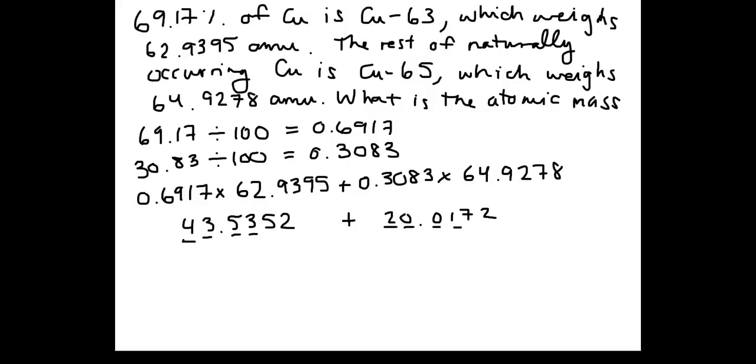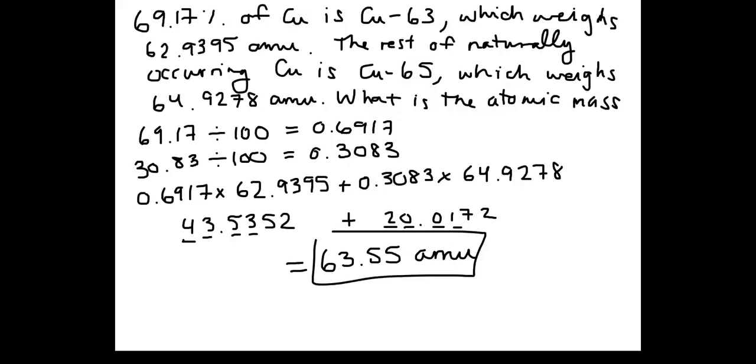So when you add, they're both specific to the hundredths place, so your answer will be specific to the hundredths place. Depending on how you rounded, it will be 63.55 or 63.56 AMU. Always include your unit. Questions, concerns?